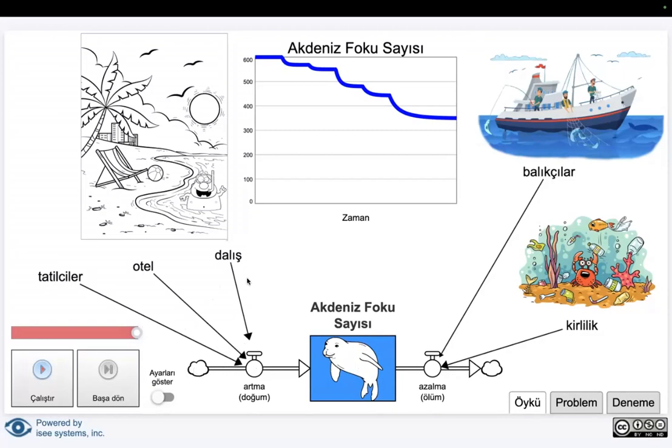So there is an inflow. But these three things, the people on the beaches and the hotels and diving sessions, by being there, they decrease the birth rate, or the birth flow. So when they happen to be here, they cause the number of seals to decrease by limiting their birth capability.